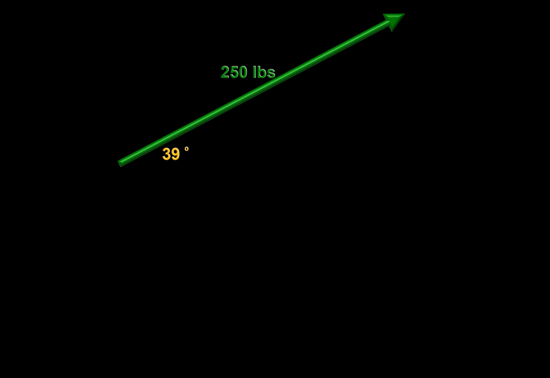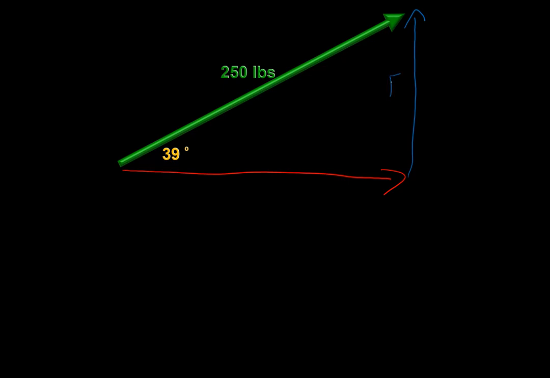So we have a force at an angle. So when we have a force at an angle, again, we have to break it down into its x and y components.